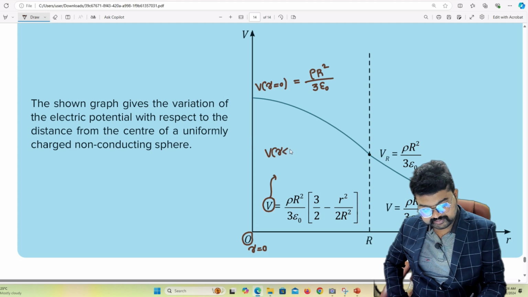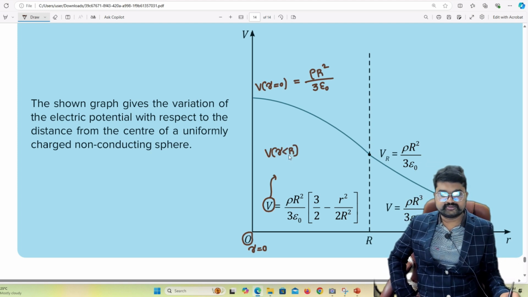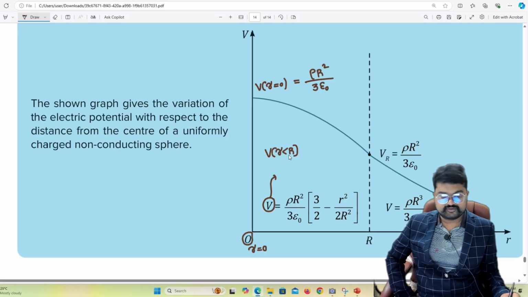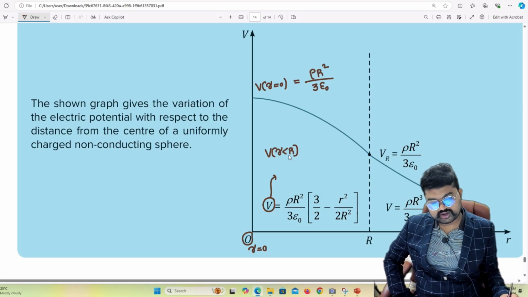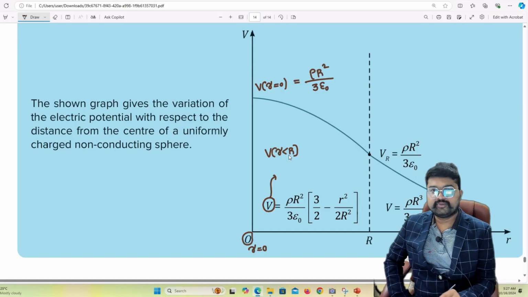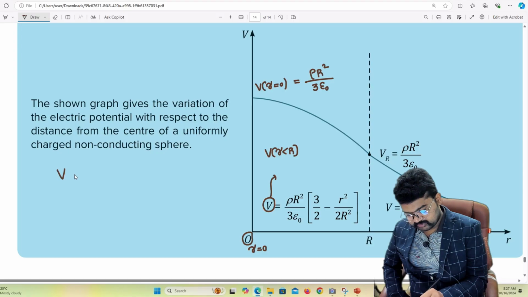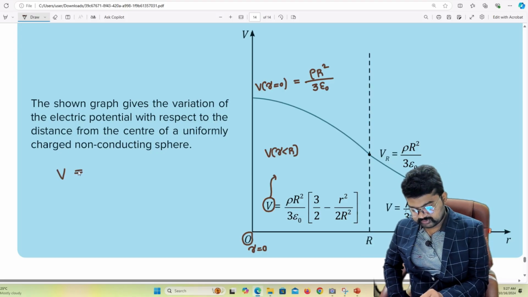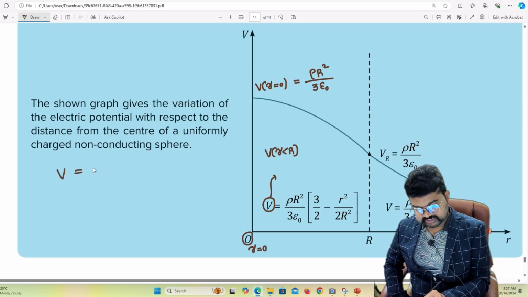V of r less than R, this part is how much in terms of r? Here V is proportional to r square. What does it look like? V equals some constant minus some constant c1 times r square.